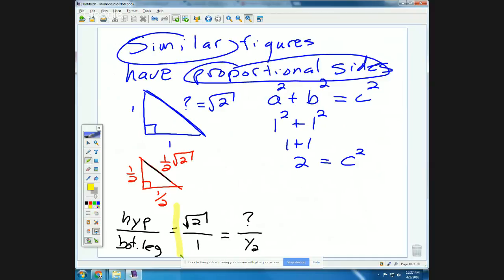And so if I solve this proportion for that missing number, that will confirm the number I stated here. Now, sometimes you can just look and it's obvious. Half, half. Sometimes it's not obvious and you got to work it out. That's why I'm showing it this way here. So let's just double check. If I want to get rid of the 1/2 so I leave my question mark alone, what should I do?